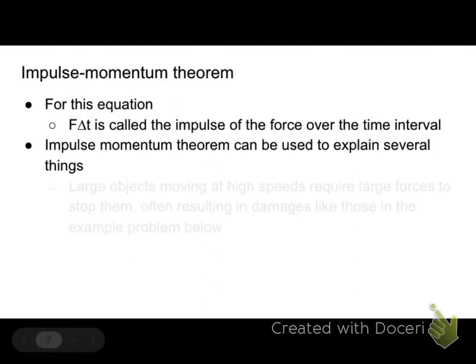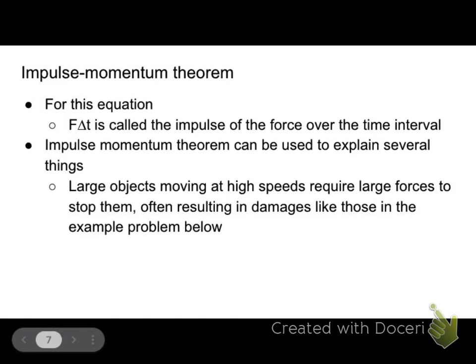So, large objects that are moving at high speeds require large forces to stop them, often resulting in damages to those objects because of the high forces required to stop them. Okay, so this is the first example problem that we're going to do with the impulse momentum theorem, talking about objects that are massive and moving at high speeds.